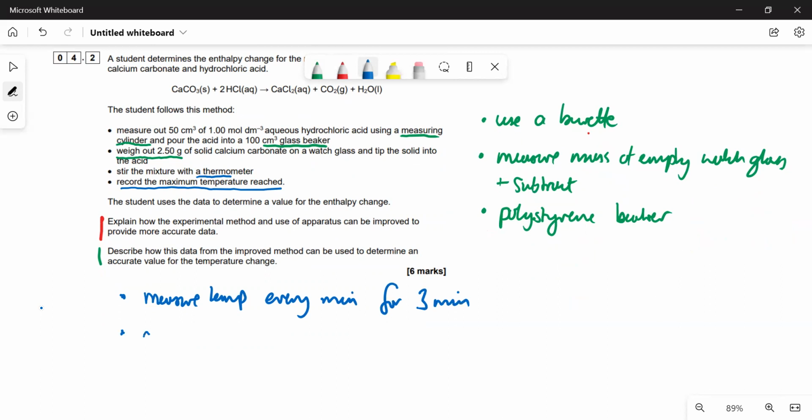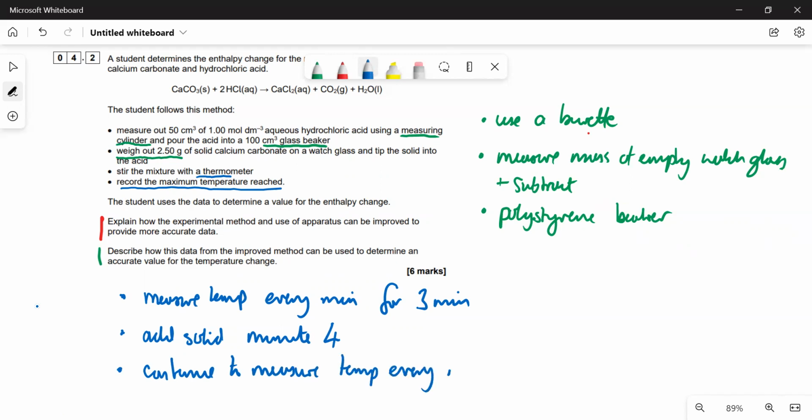Then you should add the solid in minute 4. And then you should continue to measure the temperature every minute for the next, say, 10 minutes.